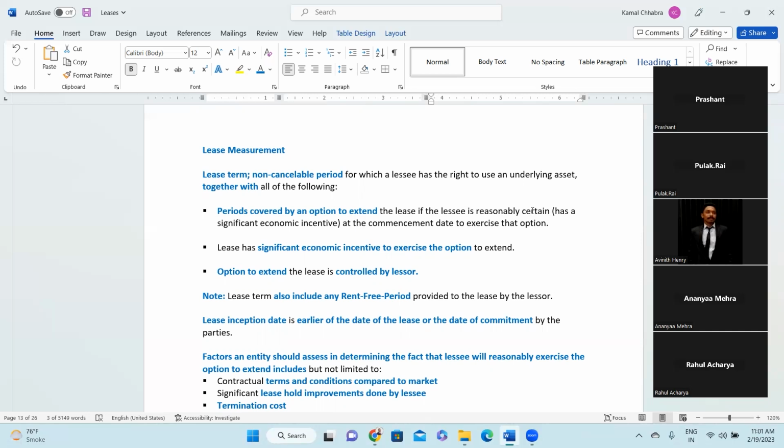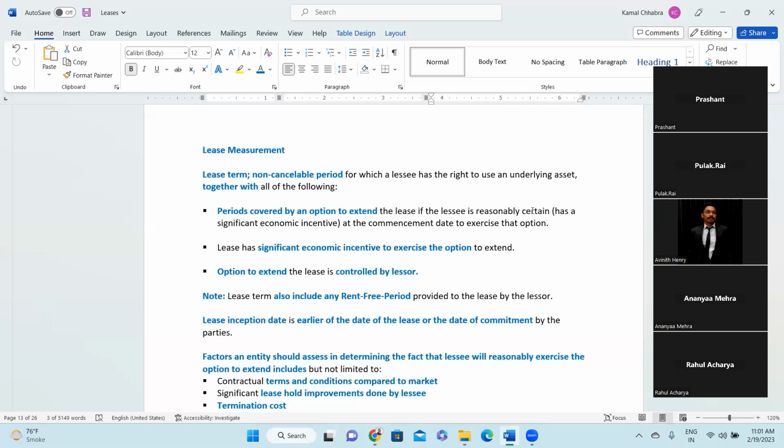Because he or she may have some significant economic incentive to stay there. Second is that the lessee has a significant economic incentive to exercise the option to extend. Third is an option to extend the lease that is controlled by the lessor.